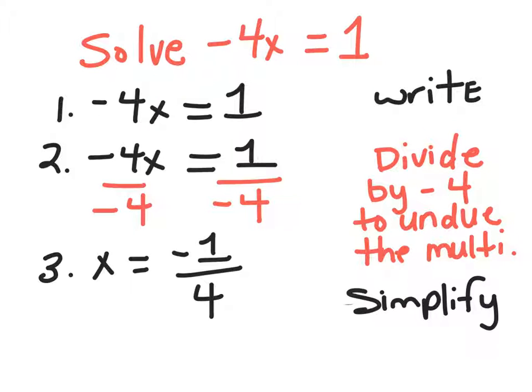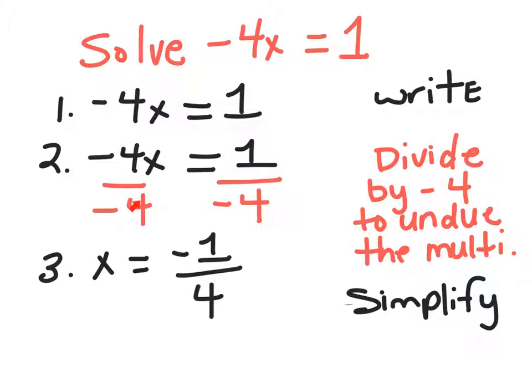Let's look at how we solve an equation by dividing on both sides. Our equation is negative 4x equals 1. Step 1 is to write it out, and you would do this on your homework paper: negative 4x equals 1. Step 2 is to divide both sides by negative 4, because it's the inverse of the multiplication here, 4x.